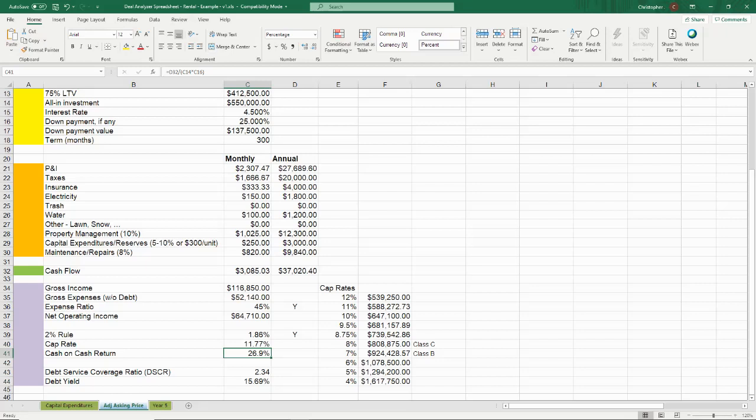I think it's okay for me to go ahead and put a Y next to the cash on cash return. I think this passed the indicator test. 26% or 27% or 20 anything percent is pretty good for any type of investment that's available today.